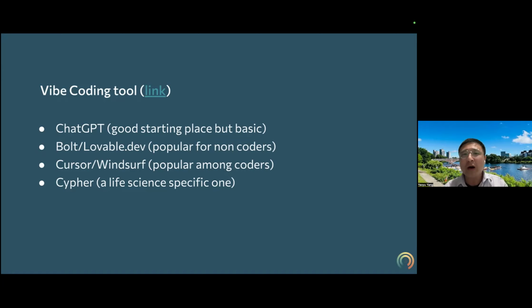They're very popular with non-coders, people who don't have a programming background. There's also a set of tools like Cursor, really popular for software engineers who have professional experience in coding. And then I'll also introduce a little bit of my tool. It's a tool specifically tailored for life science scientists.